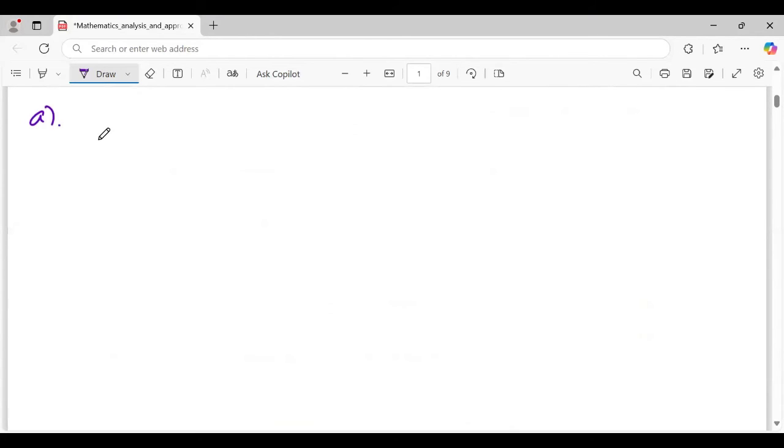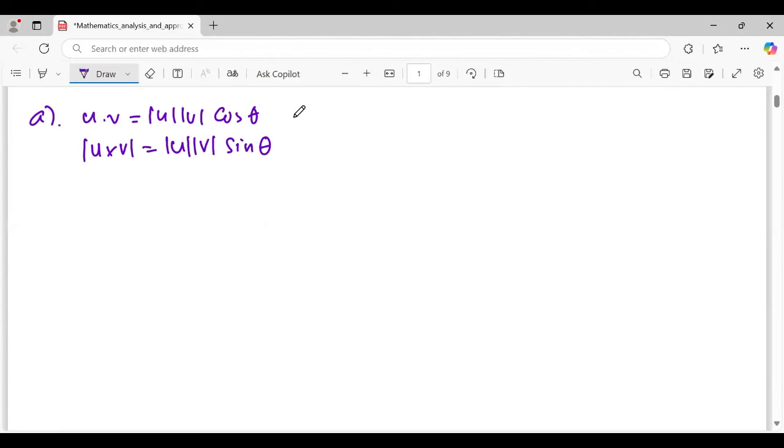Okay. I'm going to start with u dot v. According to the vector rules, u dot v equals modulus u times modulus v cosine theta. And modulus u cross v equals modulus u modulus v sine theta.